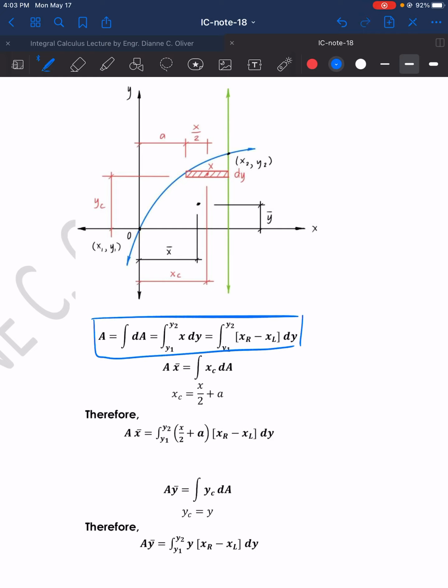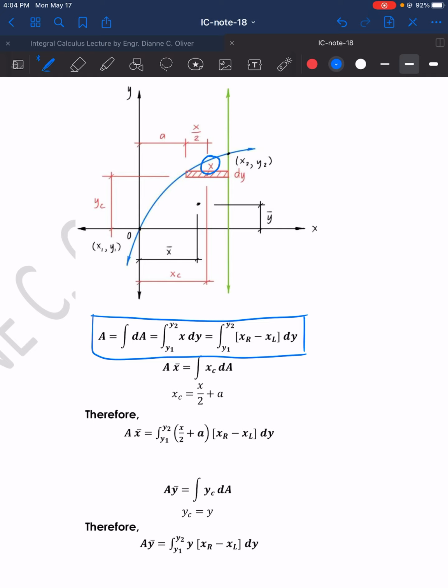Now to solve for the area, take note that the dA, or the area of the area strip, is x dy. So we have here x dy. Now the problem here is, while we have here x dy, the area strip is not connected to any axis. So what we have here is to find the value of x.